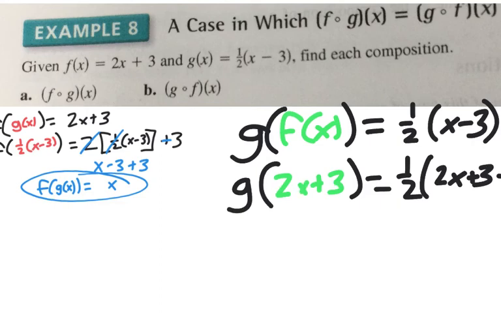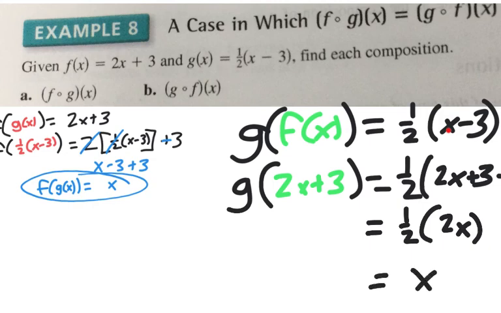Right, so I plug this in for x. Now, simplifying, look inside parentheses. I have 3 minus 3, which is 0. So those cancel. And then 1/2 times 2 is 1. So 1 times x is x. Hey, so when I built g of f of x, I also got x.